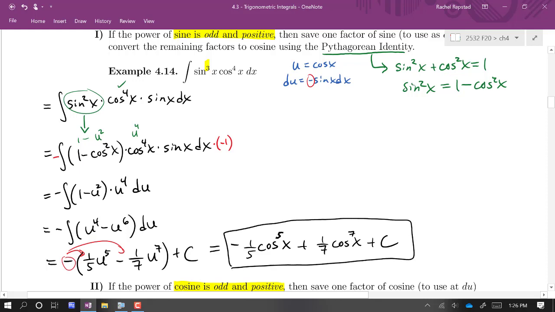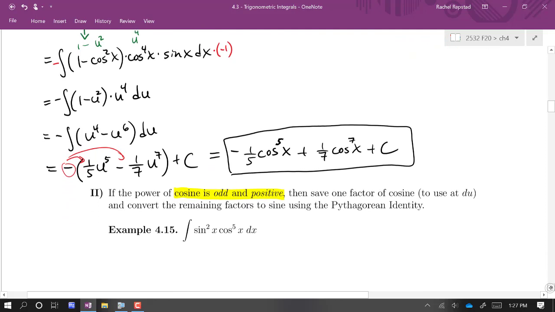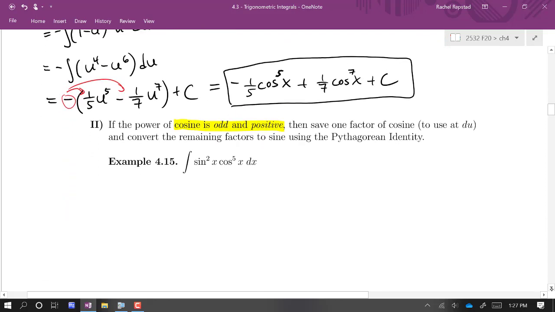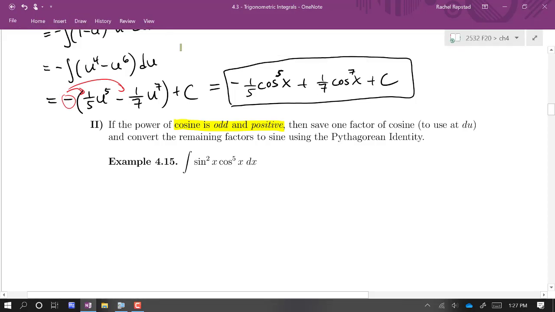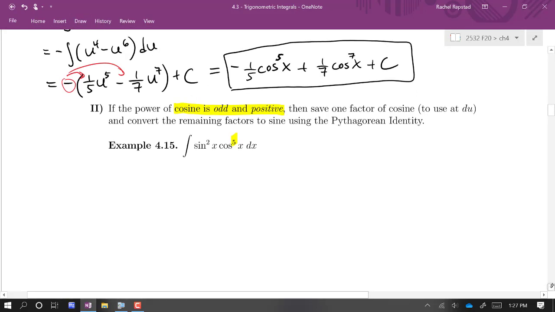In the next example, I mentioned before, these first two examples are the same type of situation. We're looking to make sure that we have an odd positive power on either sine or cosine. In the last one, that odd positive power was on sine, and this time our odd positive power is on cosine. So I'm going to do the same thing. I'm going to peel off a factor of that function, in this case cosine, and throw it at the end.